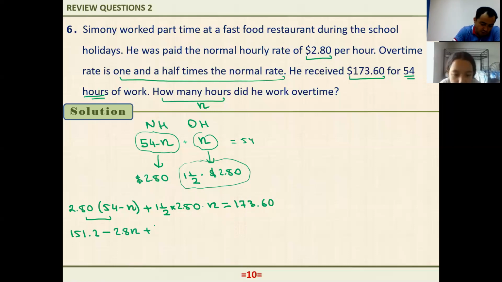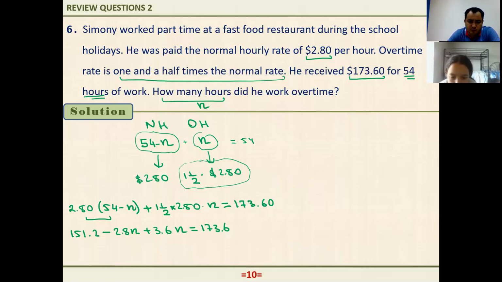Plus, how about 1.5 times 2.8? 1.5 times 2.8, that's equal to 4.2, right? And here we have n. On the right-hand side, we have 173.6. After you write your equation, the last zeros after the decimal point, you don't have to write, right? So now keep n's on the left, numbers to the right.